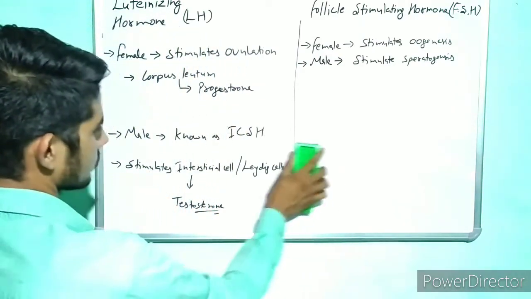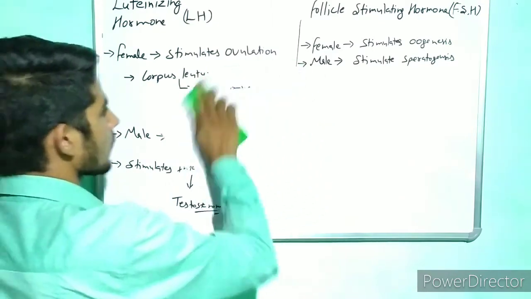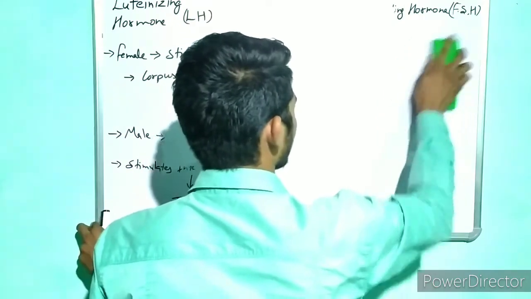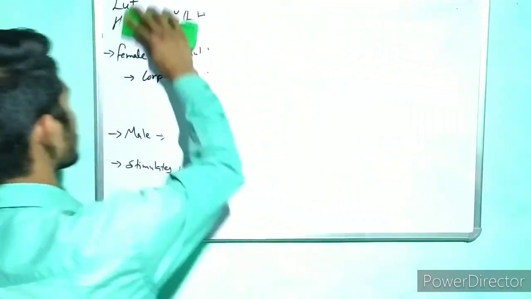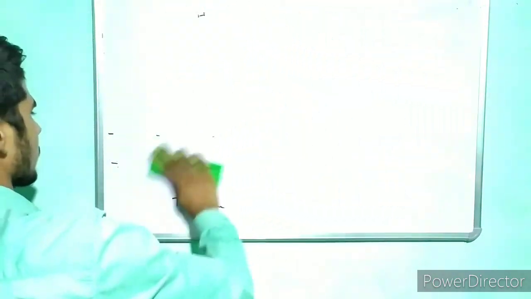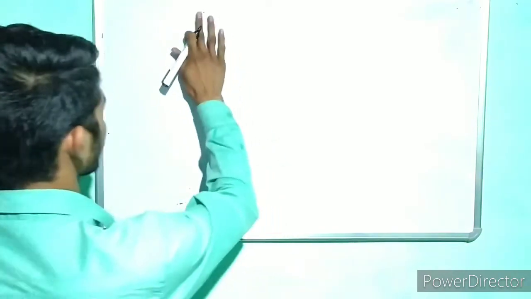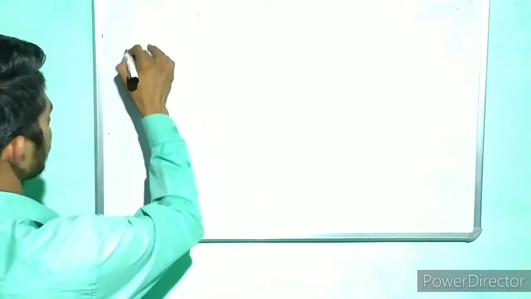And now let's discuss the hormone secreted by the pars intermedia of the anterior pituitary, which is MSH.